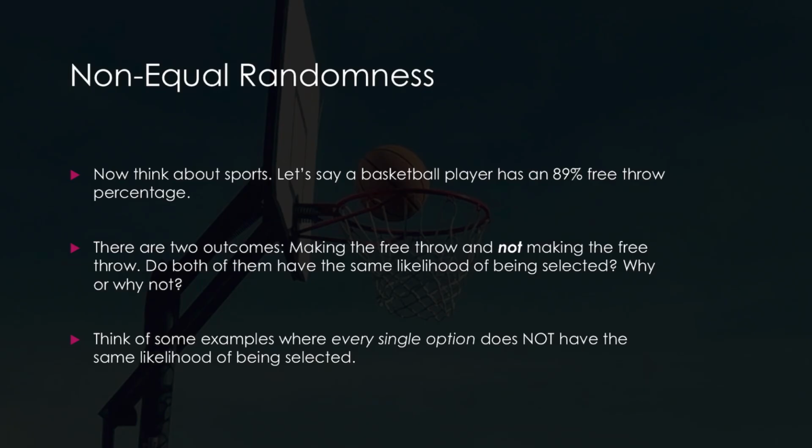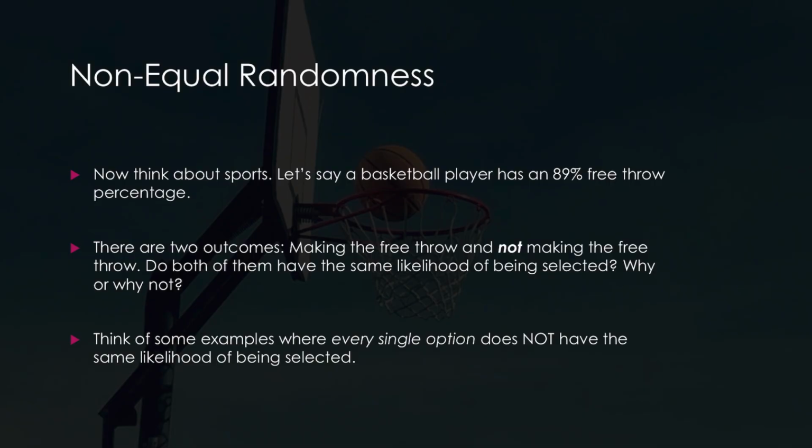Let's think about sports. I know that we've been watching football lately, and some teams are better than other teams. And so when you go into a game, you don't go in thinking, oh, there's a 50-50 chance between these teams. You go in thinking, oh, I think this team is better. They have a higher probability of winning. Because let's think about a basketball player.